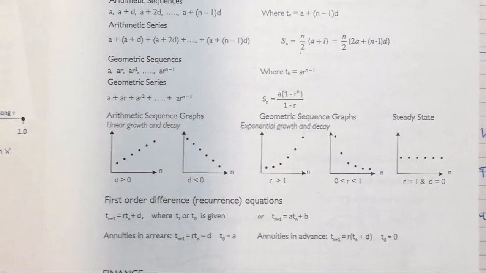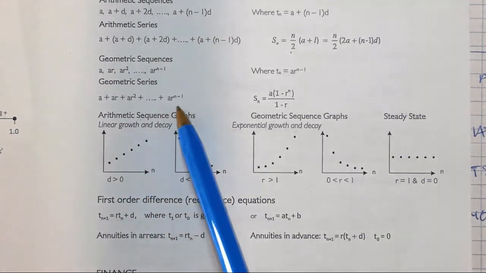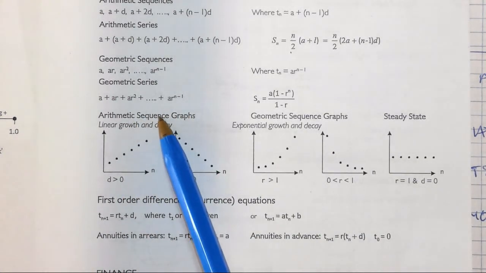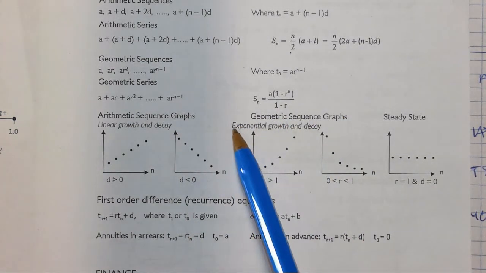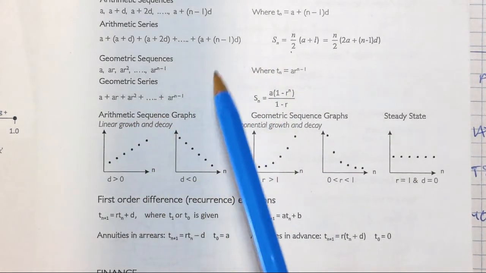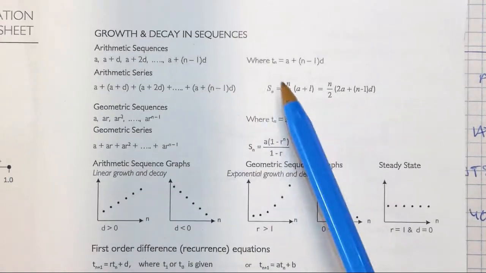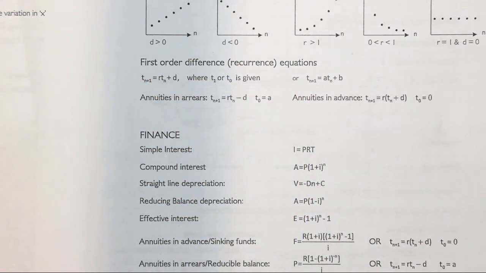The good thing is, it gives you all these graphs, okay? You're looking at linear growth and decay, and it says they are arithmetic sequences. Exponential growth and decay, they are geometric graphs. Steady state, you've got things to do with geometric series and sequences, arithmetic sequences and series, and you've got your difference equations down the bottom here.